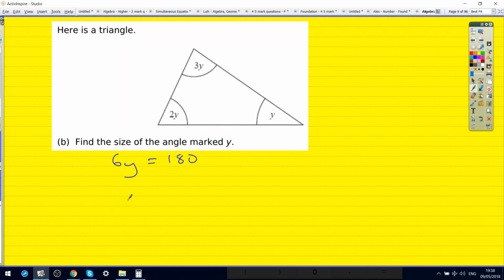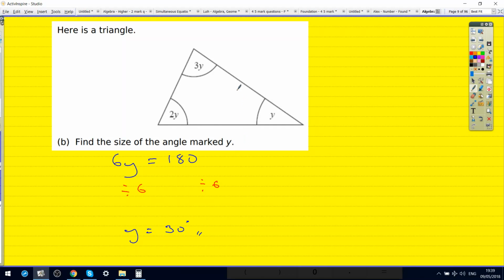Okay. And you have to find the size of the angle marked y, so that would be divided by 6. Oh, well, actually, that would be 180 divided by 6. So you can do 18 divided by 6 and that would be 30. Yeah.